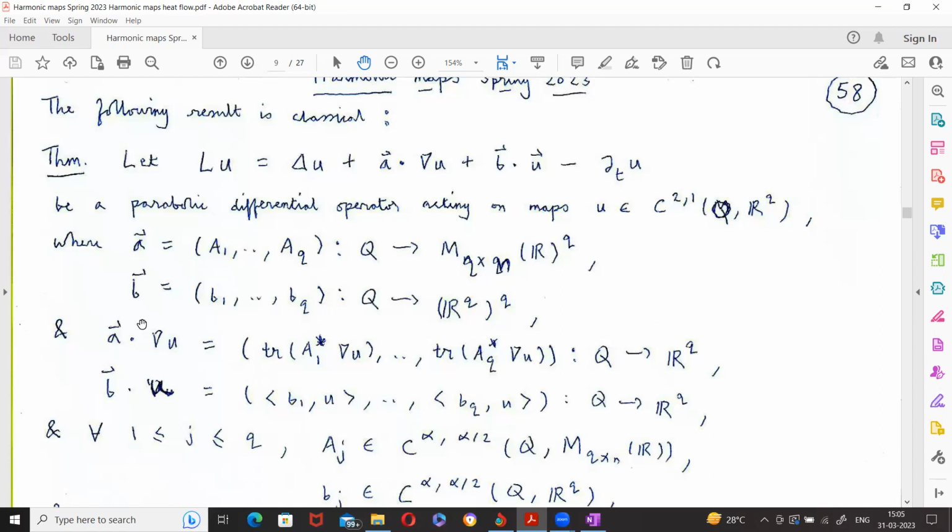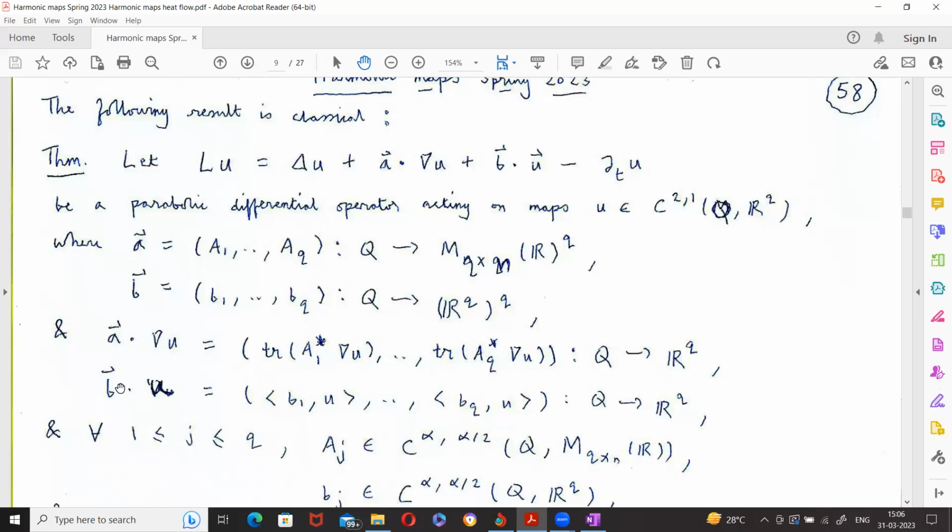So this A dot grad u means the vector which is trace of A1 star grad u up to trace of AQ star grad u. This trace of AQ star grad u is the inner product of the linear maps AQ and grad u. So this takes values in RQ.